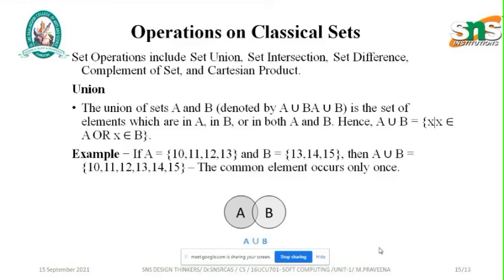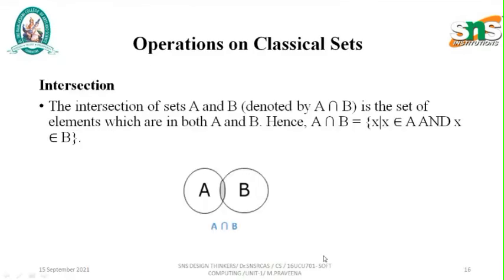Next, let us see about the intersection. What is intersection? Intersection means finding the common elements. The common elements between two sets are called the intersection of sets.